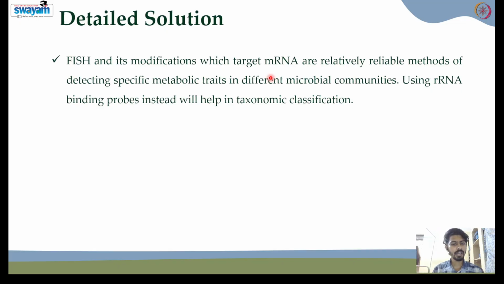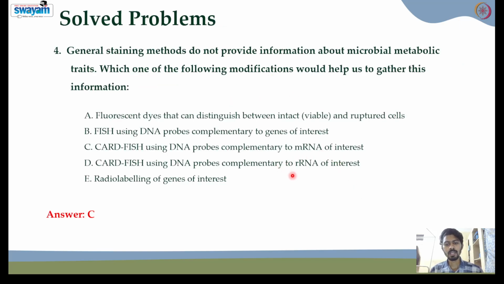So using rRNA binding probes instead, if you are using rRNA, it helps us to identify the taxonomic classification. That is, you will be able to identify the microorganism only. Whereas if you want to understand the microbial metabolic traits, you want to concentrate on the mRNA of interest, and you will be using more advanced FISH type, which is CODFISH type.